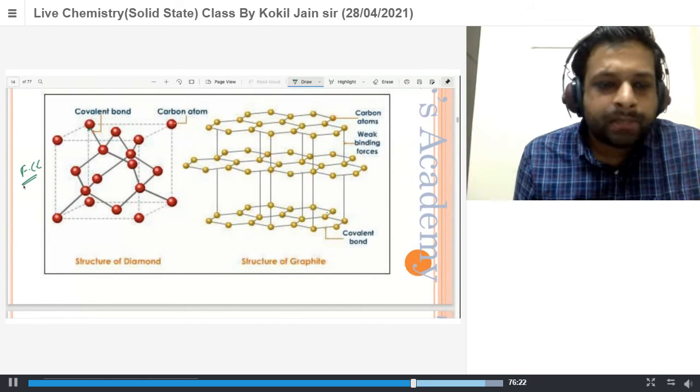Apart from that, all these face-centered sites are also occupied. Now, these four atoms are going to form a tetrahedral bond with these four atoms.